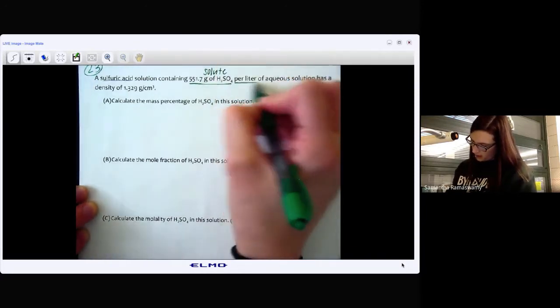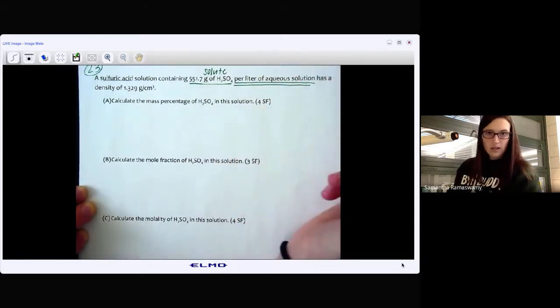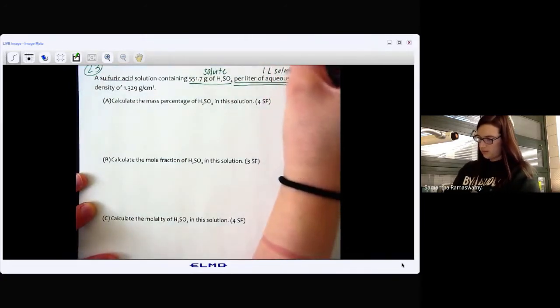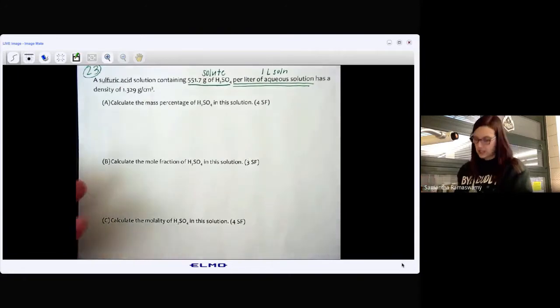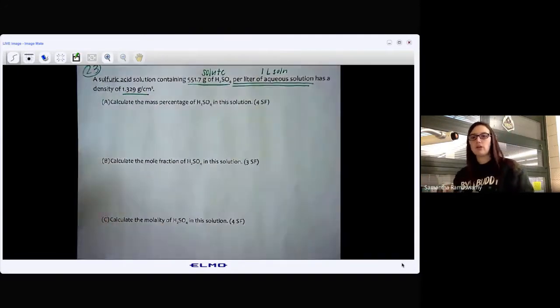Per liter of aqueous solution. So if we read that carefully, per liter of aqueous solution, we have 1 liter of total solution. And that solution has a density of 1.329 grams per centimeter cubed.